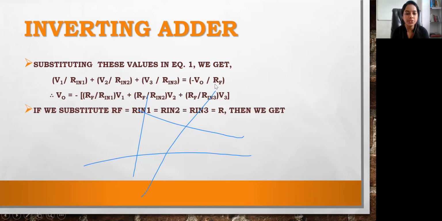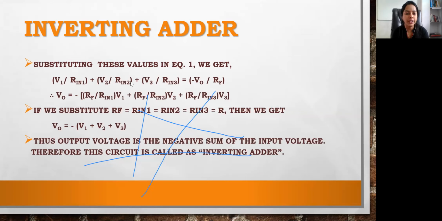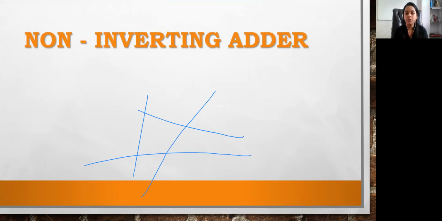If we rearrange these equations, the common terms will cancel out, and at the end we will have Vout equal to minus of, in brackets, V1 plus V2 plus V3. So whatever the voltages at the three ends, they are first added and then given a 180 degrees phase shift at the output. This is how the inverting adder works.